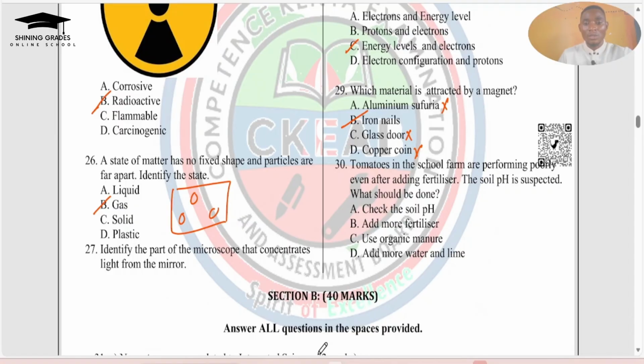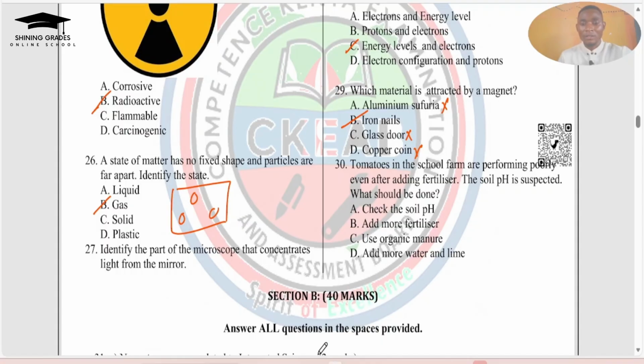Question 30. Tomatoes in the school farm are performing poorly even after adding fertilizer. The soil pH is suspected. What should be done? So the tomatoes in the farm are performing poorly.